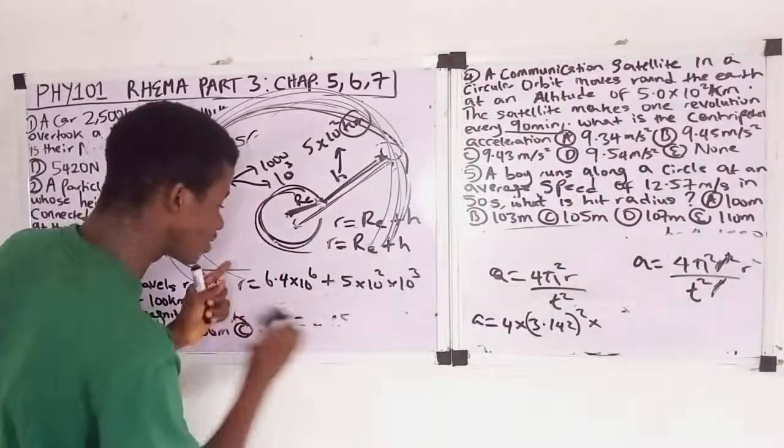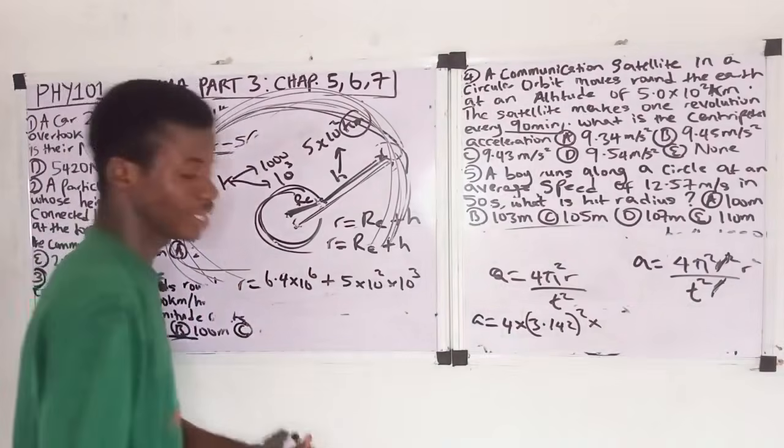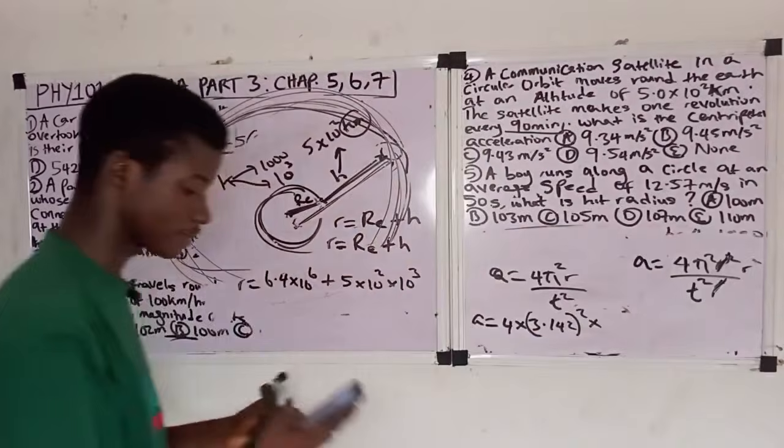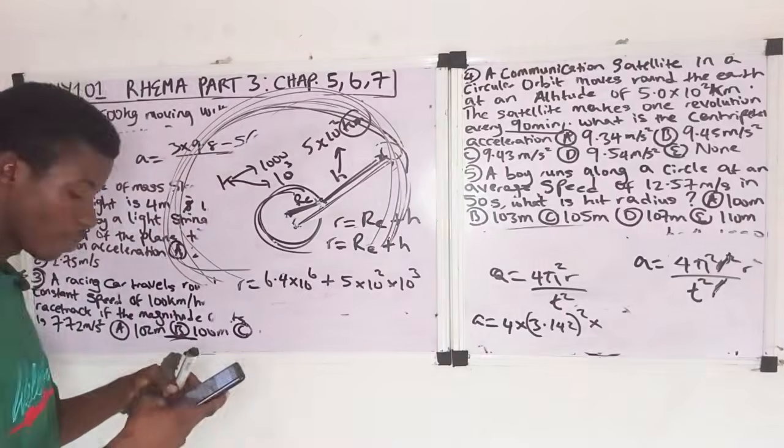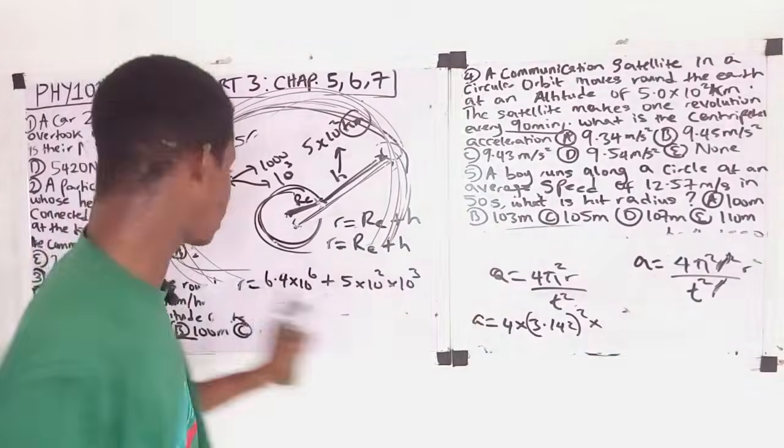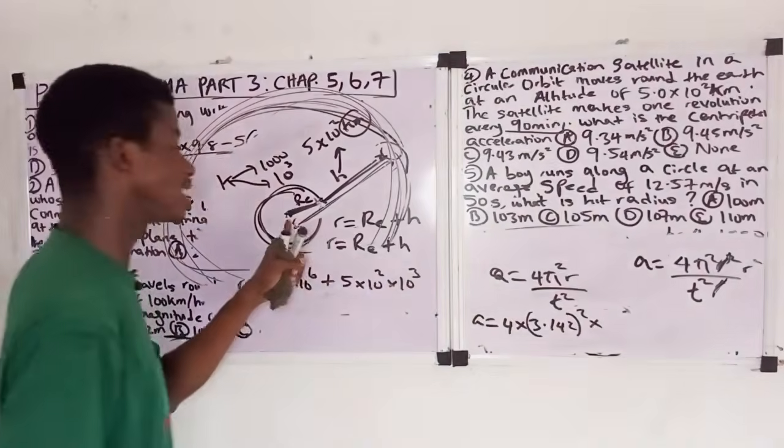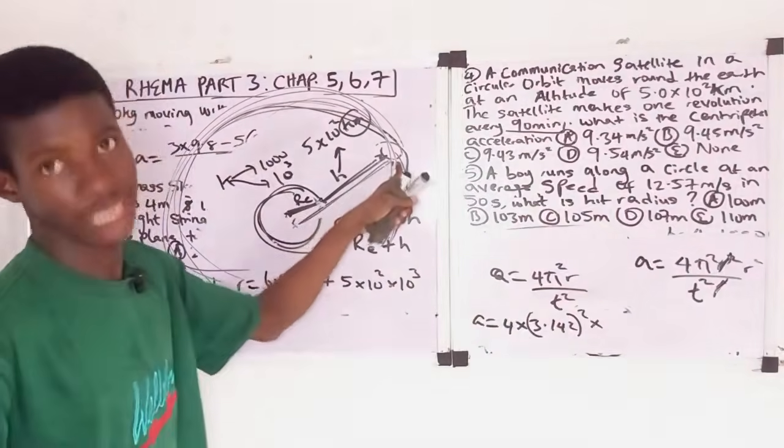So let's just add everything directly with the calculator. Because this r here is the distance from the center of the earth to the satellite.